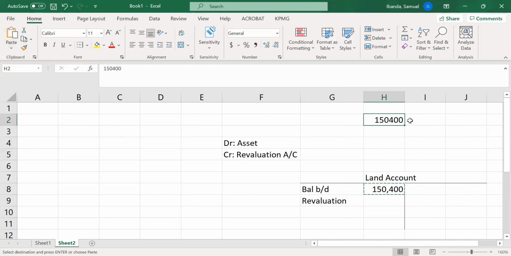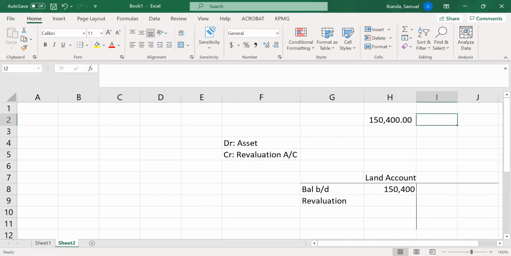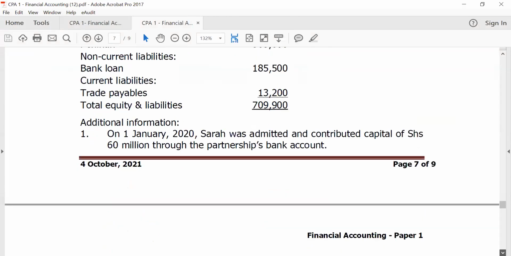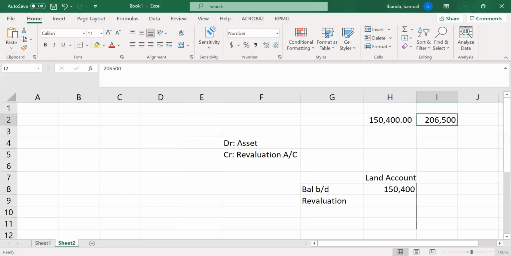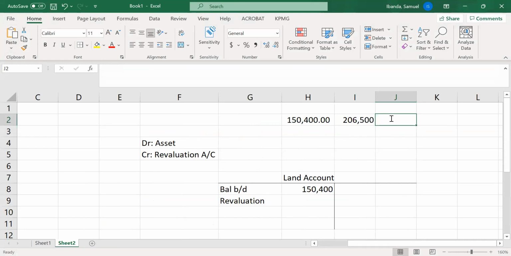Now here you press your calculator, and the value at which this is being revalued to is 206,500. So 206,500, when you get it, gets you 56,100. So your revaluation amount is right here.